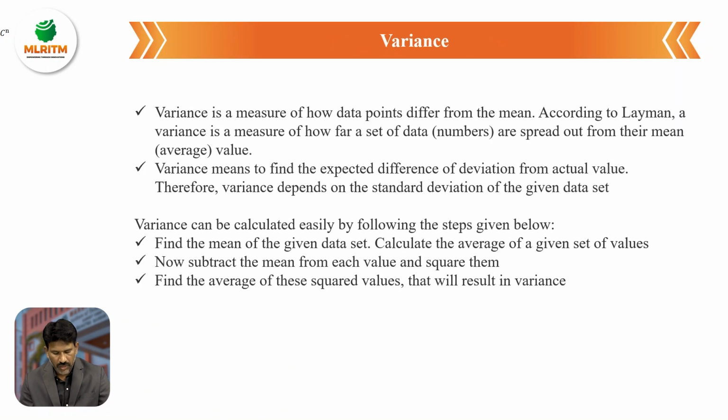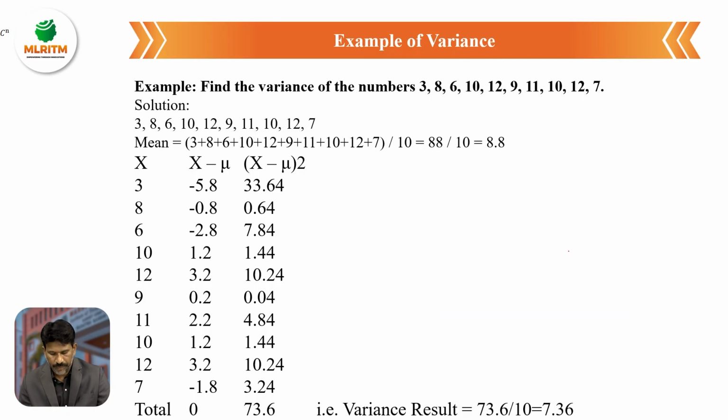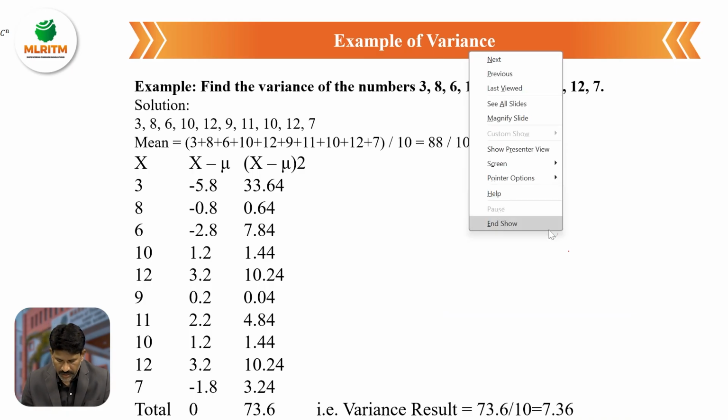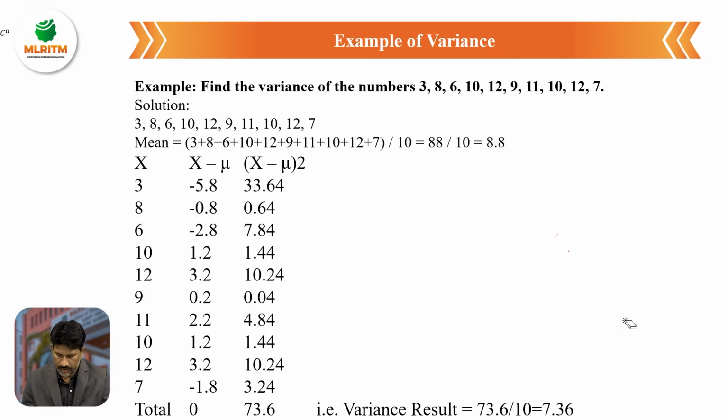Once you perform the subtraction, then perform the square. So minus 5.8 squared, you'll get 33.64.